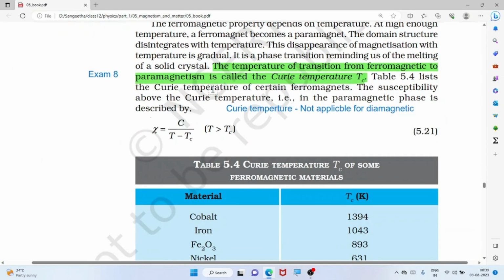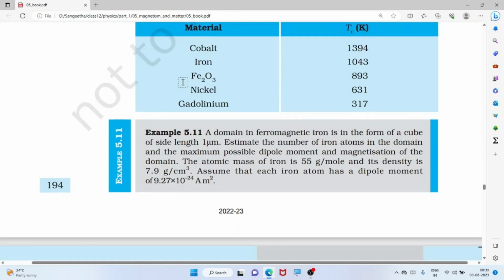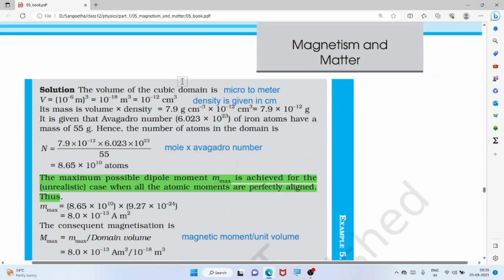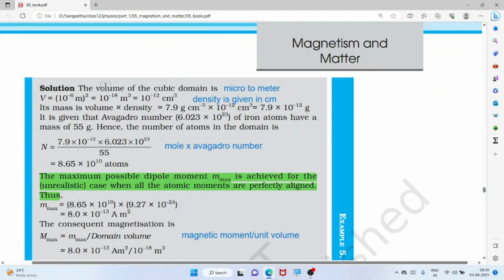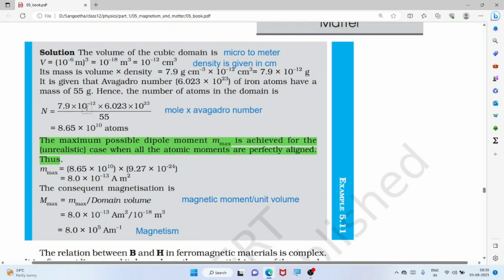The temperature at which the transition from ferromagnetic to paramagnetic occurs is the Curie temperature, and this is not applicable to a diamagnetic substance, only to magnetic material. Micrometer to meter conversion: 1 micrometer is 10 to the power minus 6 meter.